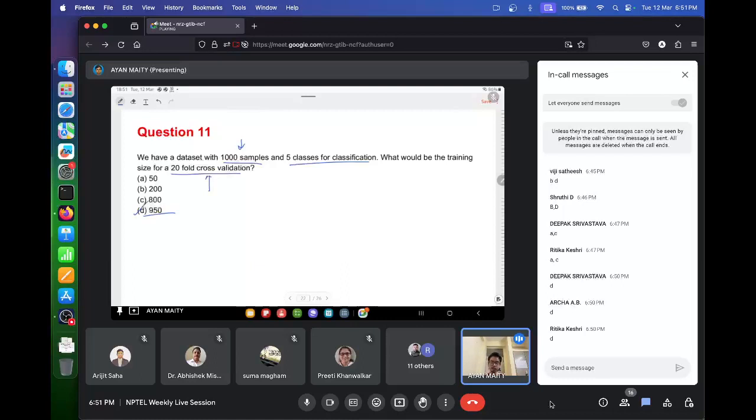So that means each fold will contain 1000 divided by 20, which is 50 samples. So each fold will contain 50 samples.